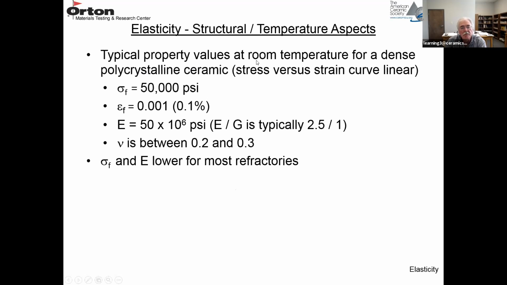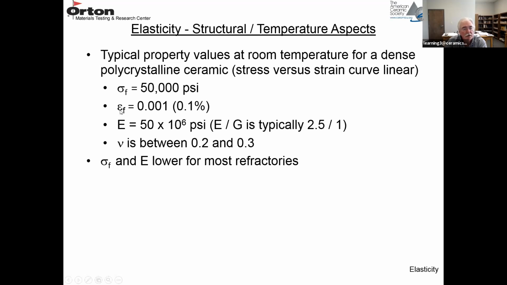So some typical values at room temperature for a dense polycrystalline ceramic. A dense polycrystalline ceramic is going to exhibit brittle behavior, and so you're going to have a stress versus strain curve that is linear. Typical values for the fracture strength, sigma F, are about 50,000 psi.